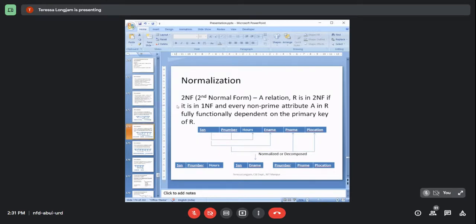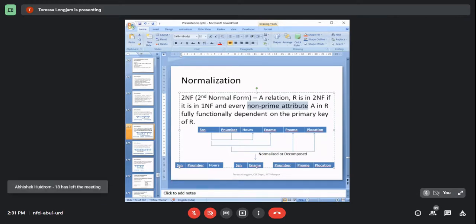The second one is second normal form. A relation R is in second normal form if it is in first normal form, and also any non-prime attribute A in R is fully functionally dependent on the primary key of R. Okay, all the non-prime attributes that we have in the relation should be fully functionally dependent on the key attribute.